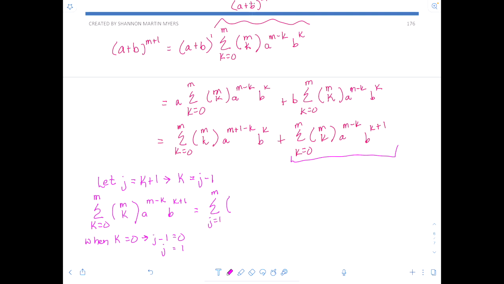And then we will have m choose j minus 1. A will be raised to the m minus j minus 1, that quantity, and then b will be raised to the j minus 1.